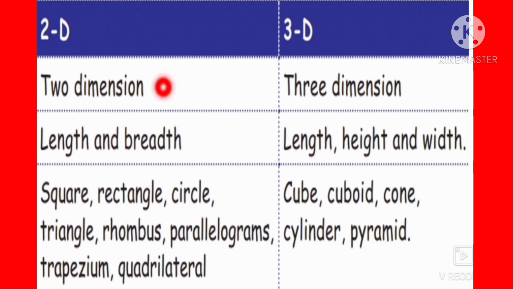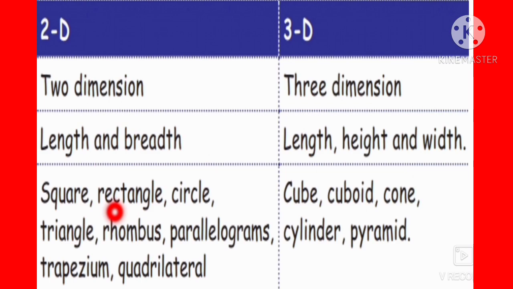The full form of 2D is 2 dimension and the full form of 3D is 3 dimension. 2D represents an object with just 2 dimensions, that is length and breadth or length and height. 3D represents an object with 3 dimensions: length, height and width, or length, width and height.